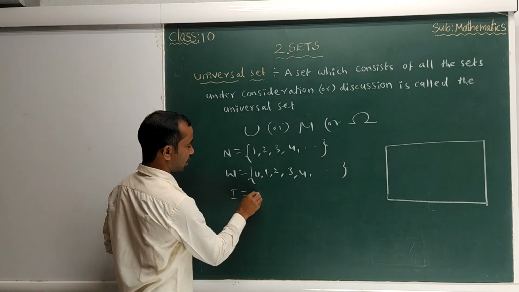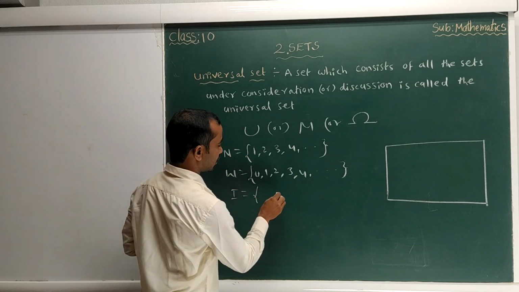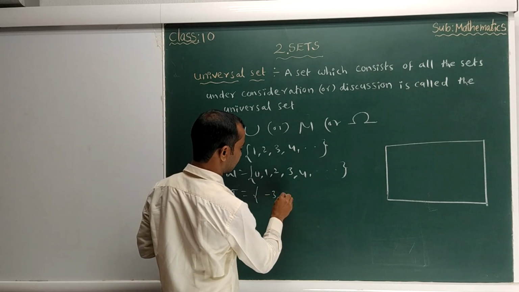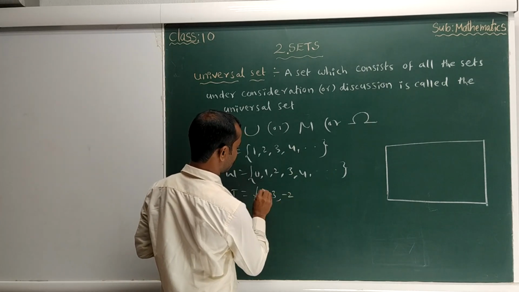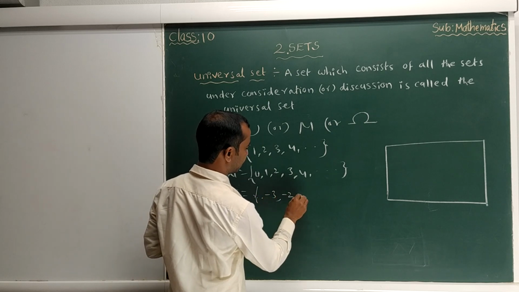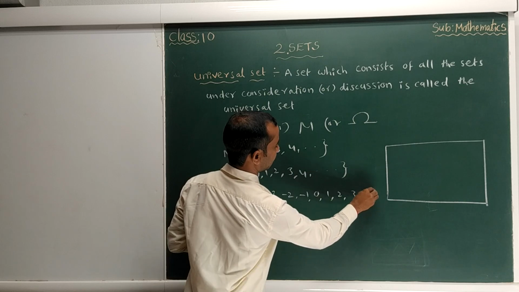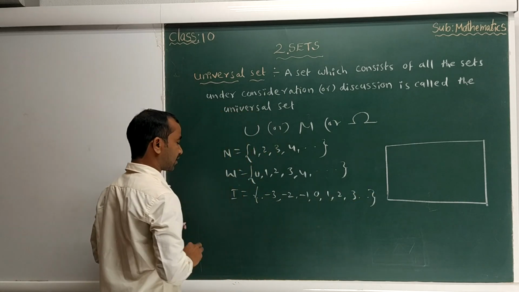Next, integers: all positive values and their negative values including 0 are called integers: ..., -3, -2, -1, 0, 1, 2, 3, ... So this is the set of integers.